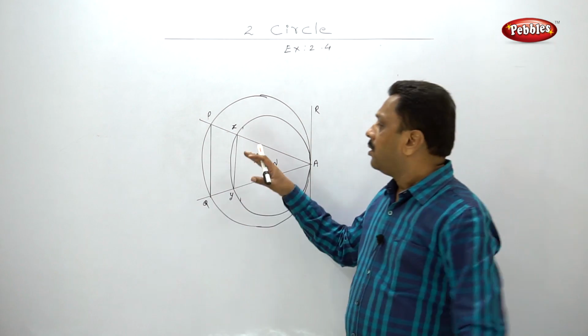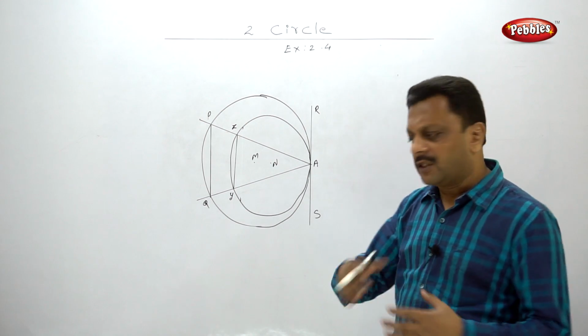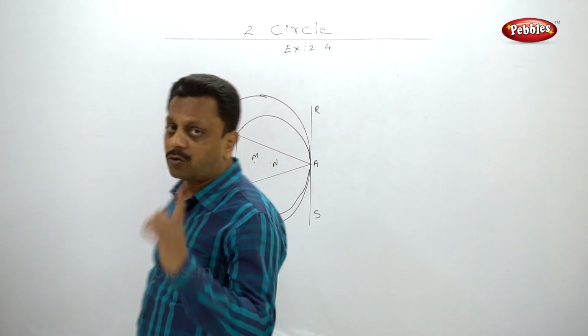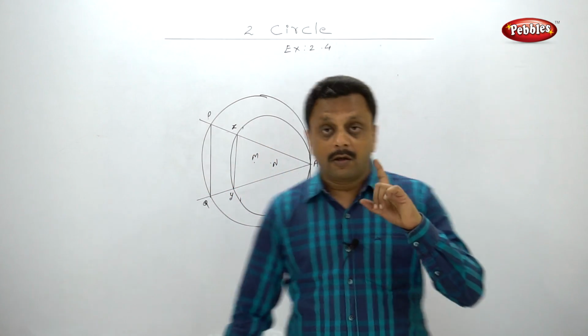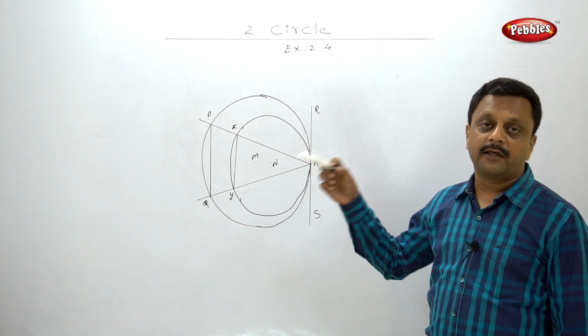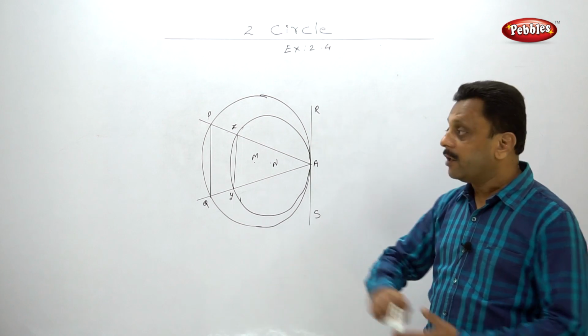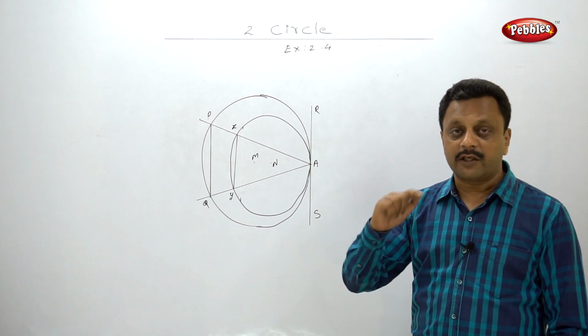So we always think that. I have seen the papers of many students, they only solve one part of it, that is circles touching externally. They don't solve the second part and then they lose half of the marks. So read the example carefully, what is given.